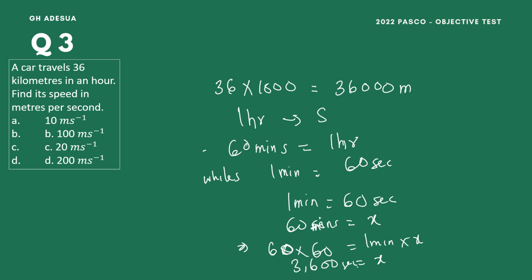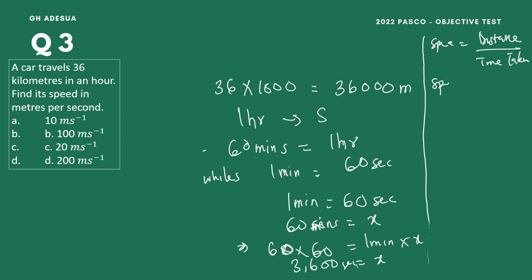We now proceed to solving the question. Let speed be distance over time, converted. We've done the conversion from the kilometers to meters, and then also from the hour to seconds.